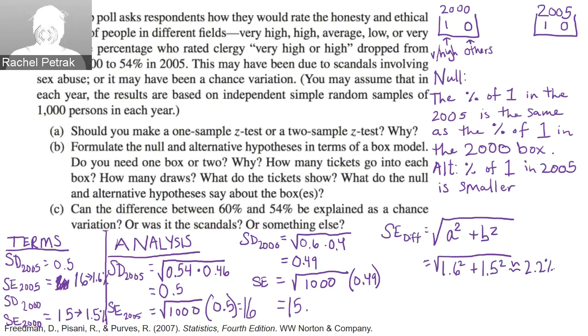Why do we have to use percents in this standard error? Because what we're looking at here are percents. We have in our sample the percentage who rated the clergy very high, and we're testing the percentages as frequency counts. So that's why we have to use percentages in our standard error.